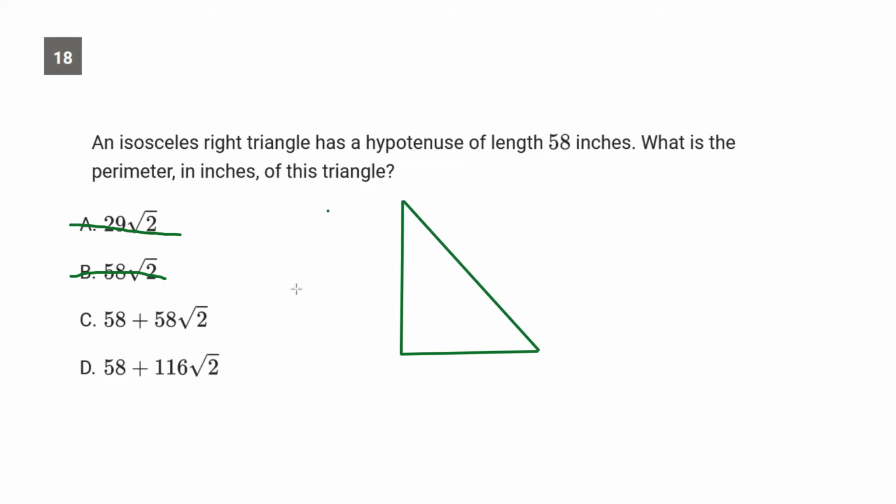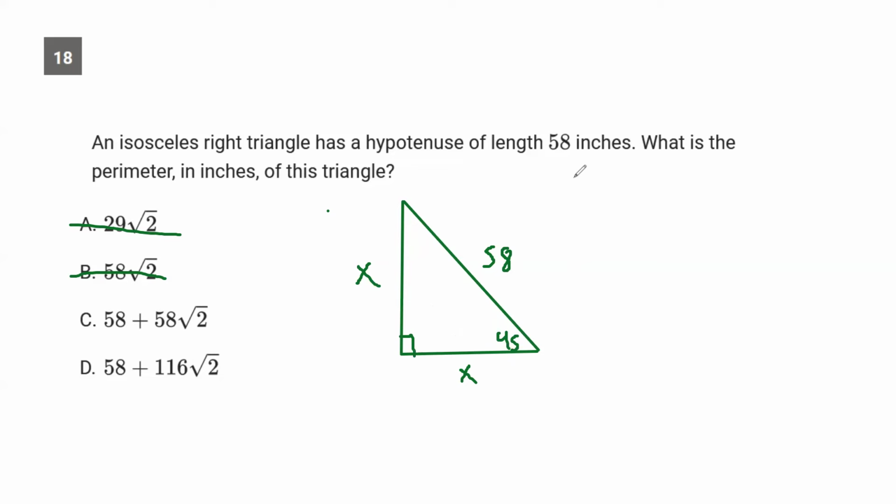And then we have that this is 58. Let's call these each x and x. You want to be able to think about how this is a special right triangle. An isosceles right triangle is a 45, 45, 90. So this is the 90, and this is 45.